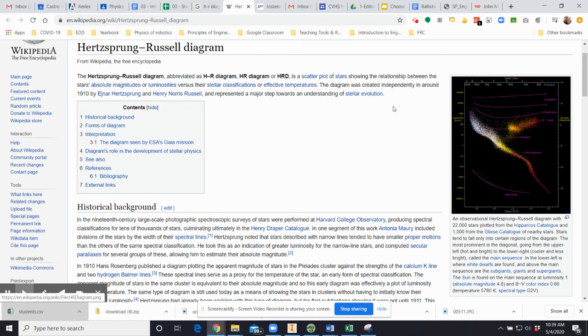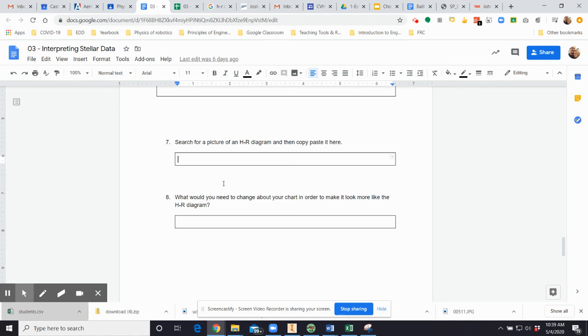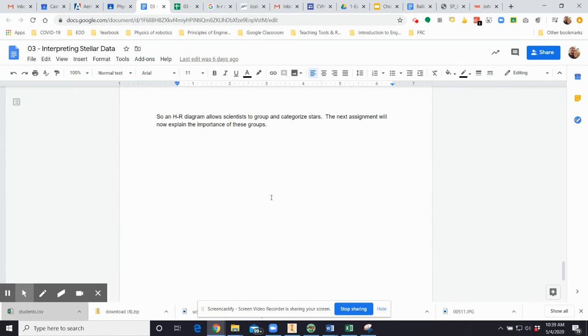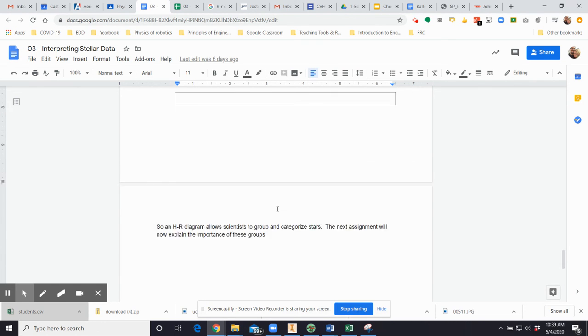This describes the relationship between the magnitudes and the temperatures, as you see here. You want to copy and paste that into your document, and then what would you need to change to make your chart look more like an HR diagram? That will also be explained when you do the star in a box simulation.